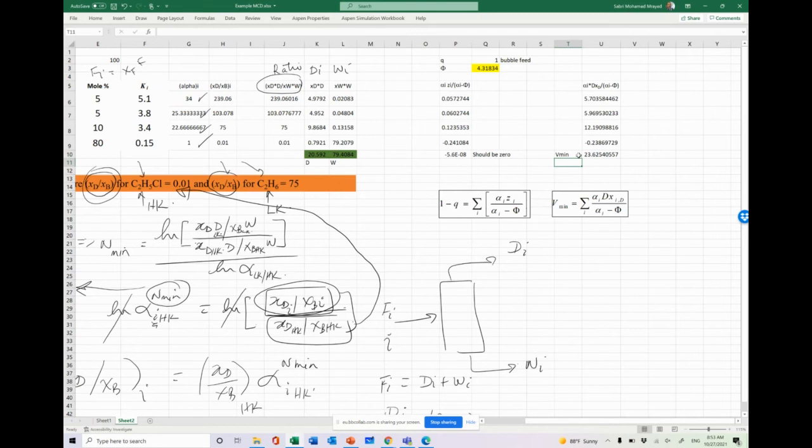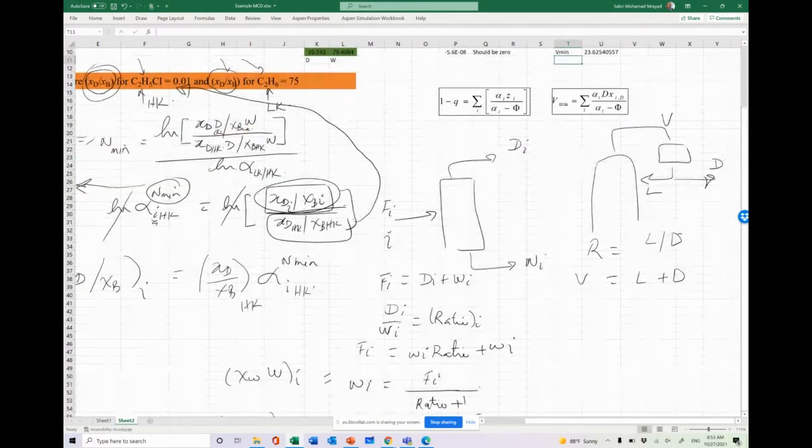And how do we get the R minimum? If this is V minimum, how do we get R minimum? We know this is D, and this is L, and this is V, and their flux ratio is basically L over D, the external flux ratio, and V is basically L plus D. Now if you divide by D, you get V over D is equal to L over D plus 1.